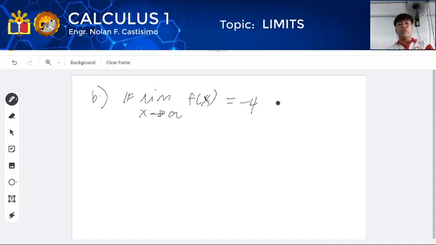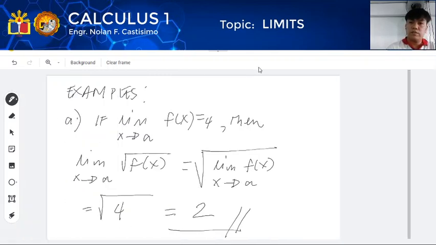Assuming that we're going to use the formula natin na radical and root theorem. So, dapat kapag ganyan, ganito lang siya. The limit of square root, tama?